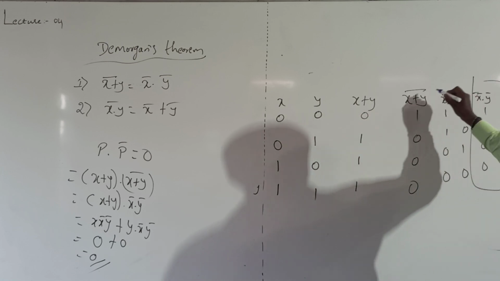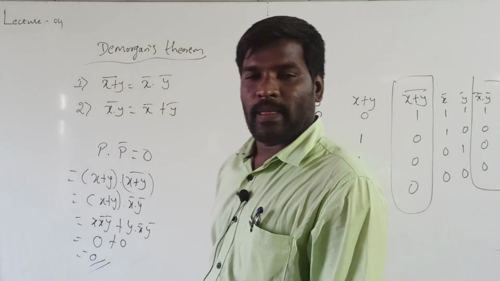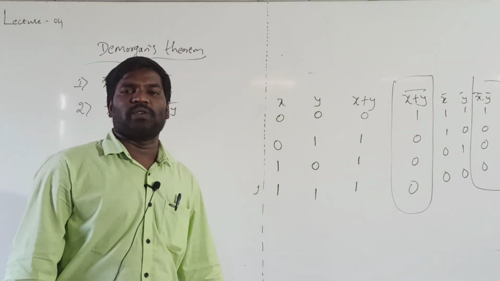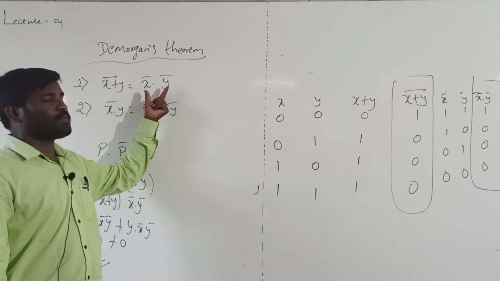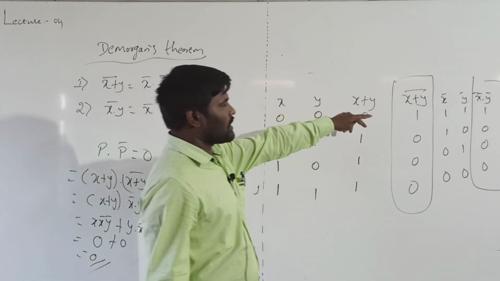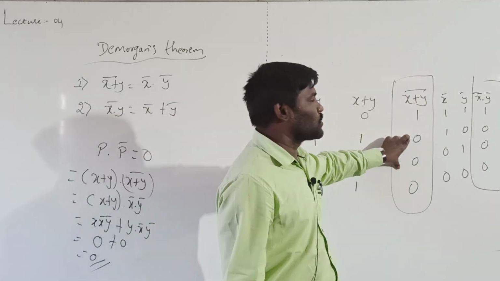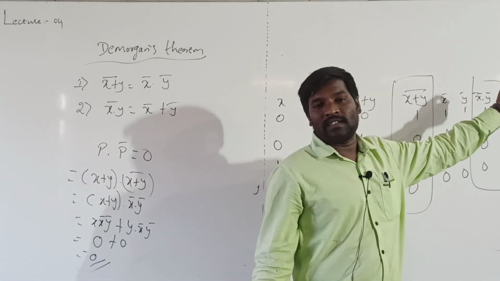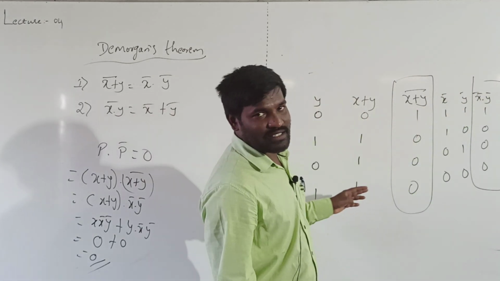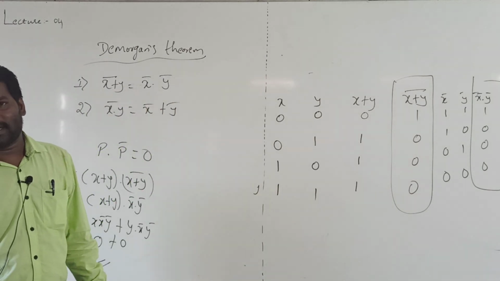See the column values. The statement of first theorem is, the complement of the sum of two variables is equal to the product of the complements of the individual variables. See here, the x plus y whole bar column is equivalent to the x bar into y bar column. Okay, hence the theorem is proved using the truth table. Okay.